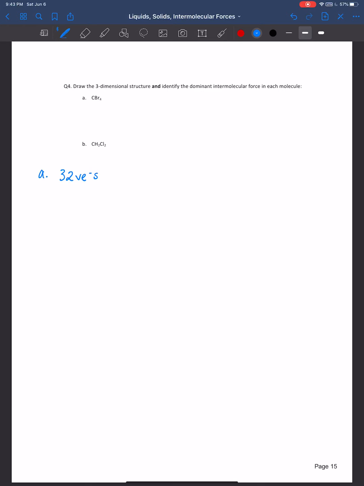The least electronegative atom is bromine. Not bromine, my apologies, it's carbon. I wrote carbon and I said bromine. All right, so let's connect everything together before I get ahead of myself. So 4 bromines. Then you fill the outside atoms' octet first, so I'm going to fill in all these lone pairs.